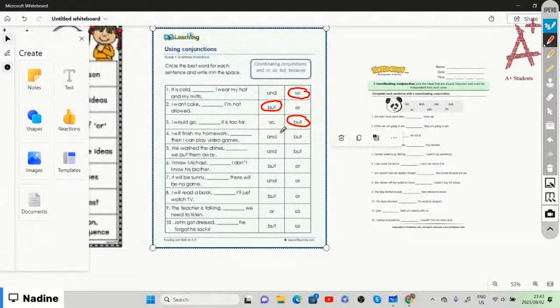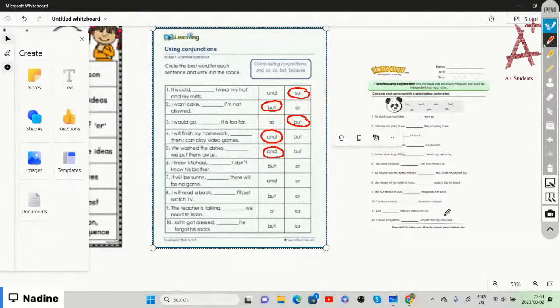So we will go with and. So only once you finish your homework, then you can play video games. We washed the dishes and we put them away, or but we put them away. So we wash the dishes and we put them away.